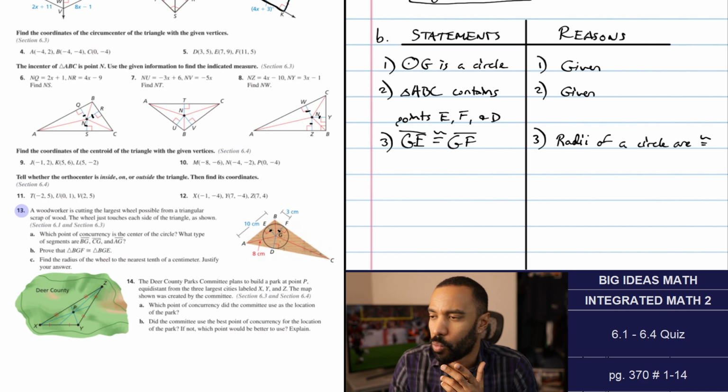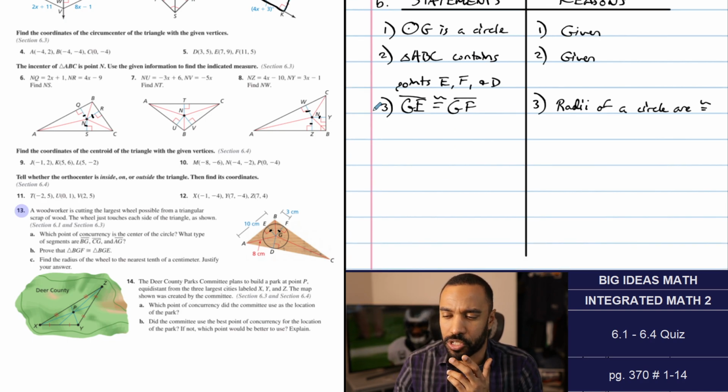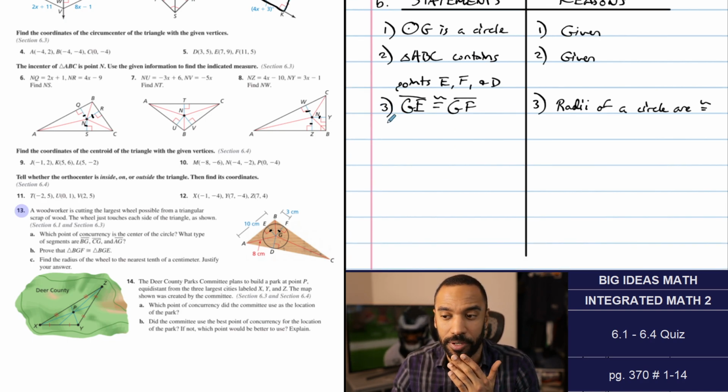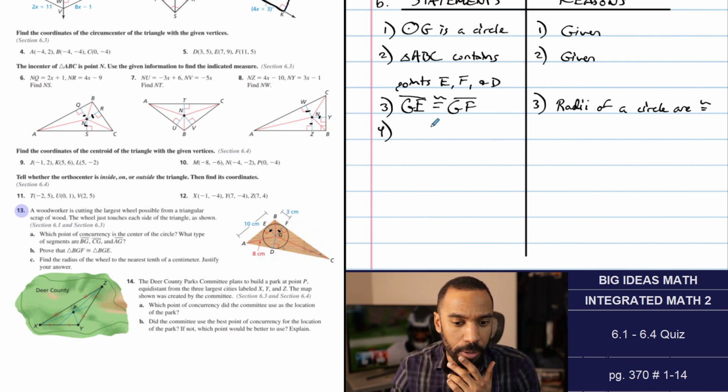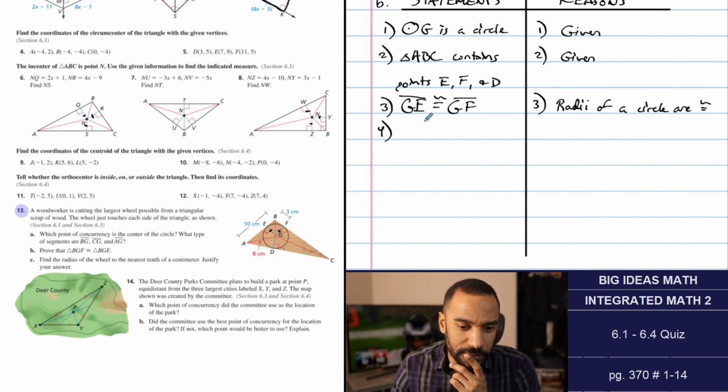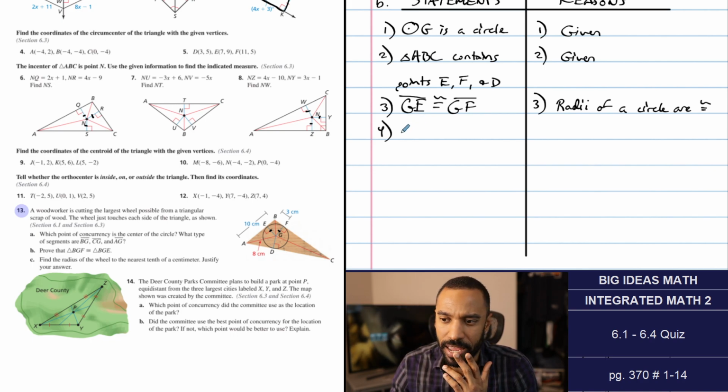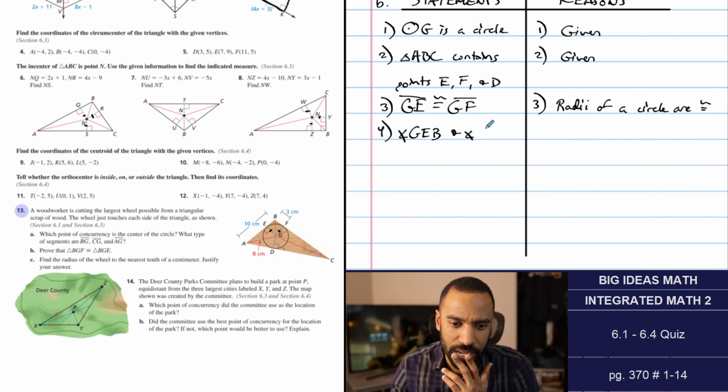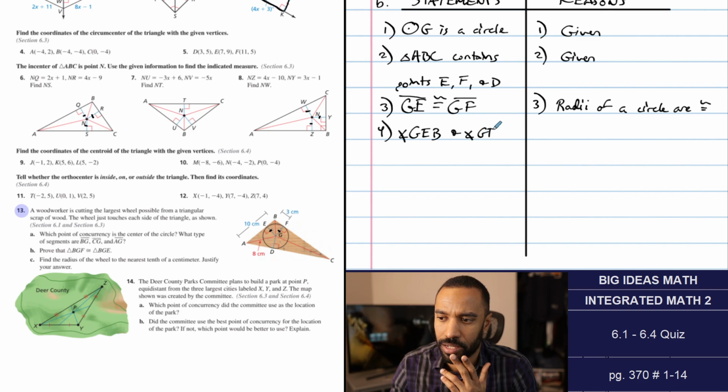Okay. We're also given, oh, by the way, here's just another given that I could just so happen to state. It doesn't say perpendicular, just that angle GEB and angle GFB are right angles.